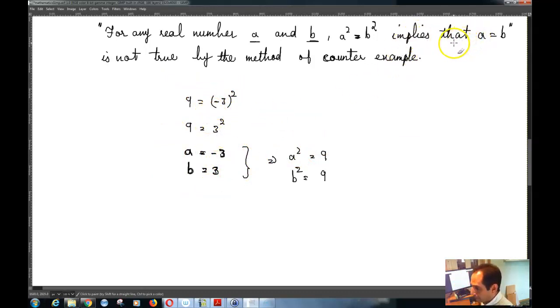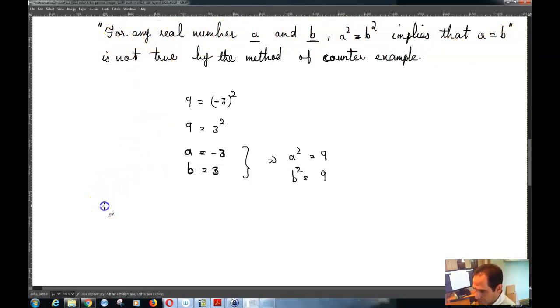And of course you have to do it in a systematic way, otherwise you might make a logical mistake. You can write this in the form of an if-then statement.